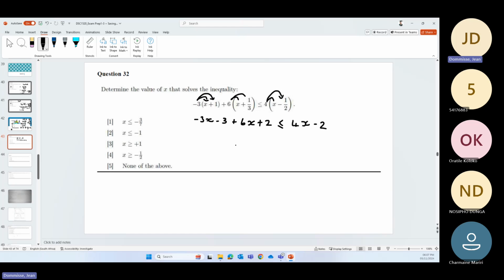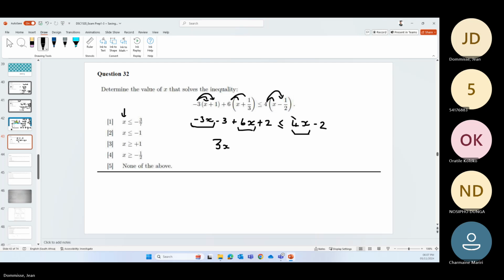So let's now try to get all the x's onto the left-hand side like we have in our formulas or answers. So minus 3x, there we have a plus 6x, and then we need to get rid of the 4x on the right-hand side. So minus 3x plus 6x gives us 3x.